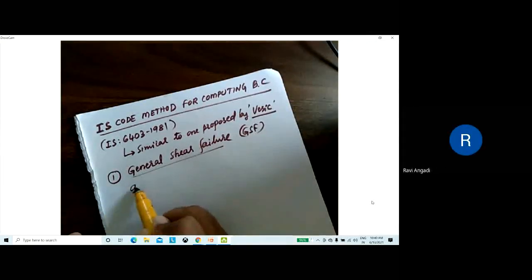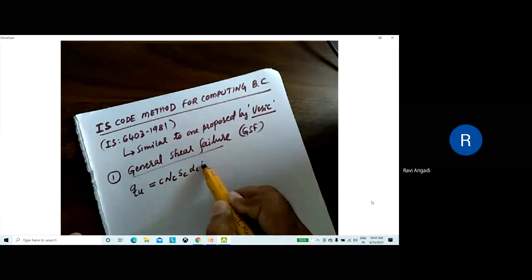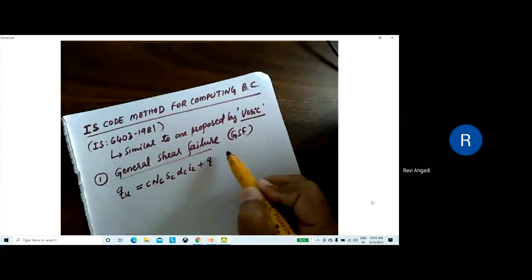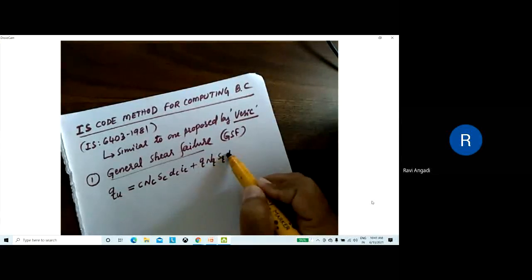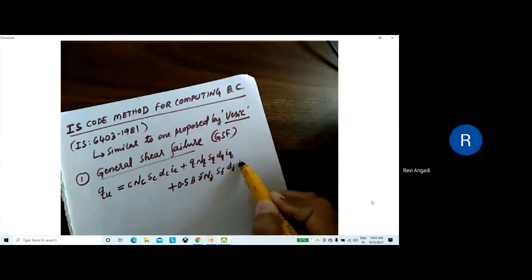So here the ultimate qu equals the same c Nc first term, then some terms are included along with it: Sc, Dc, Ic, plus q into Nq, again Sq, Dq, Iq, plus 0.5 B gamma N gamma, then S gamma, D gamma, I gamma.